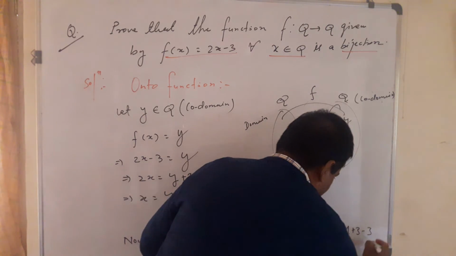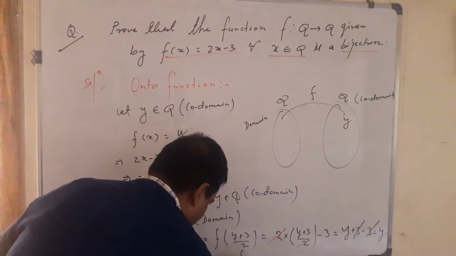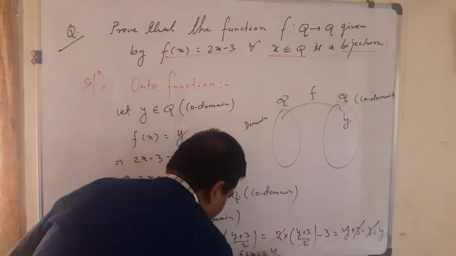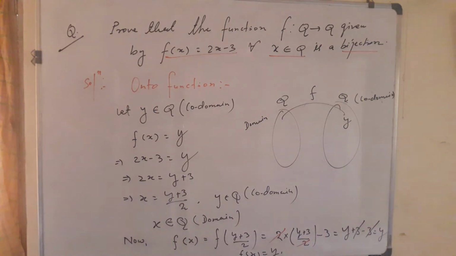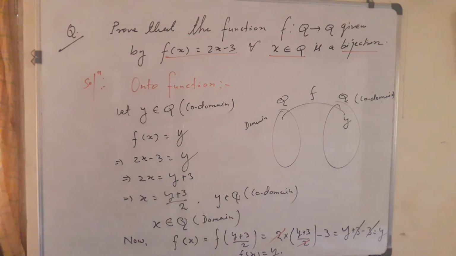The 3 and 3 cancel, equal to y. It means f(x) is equal to y. So the given function f is an onto function.